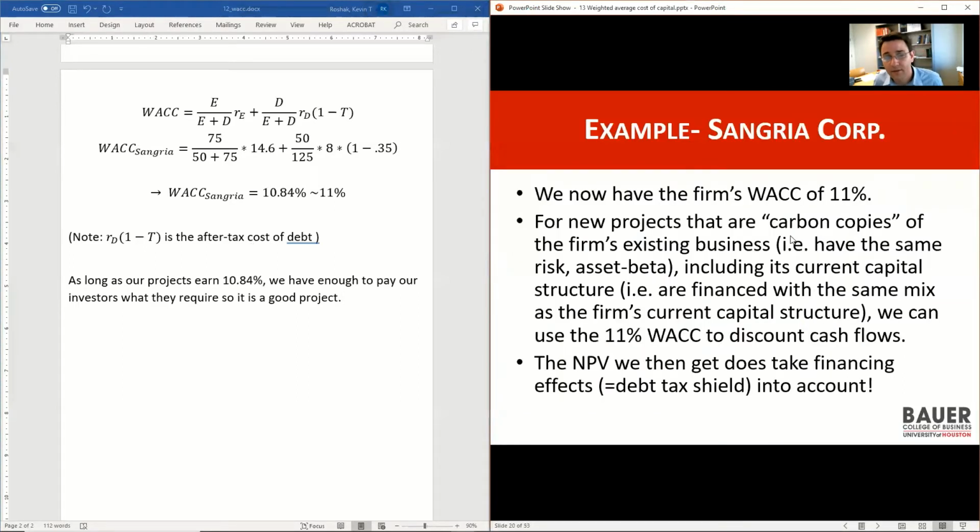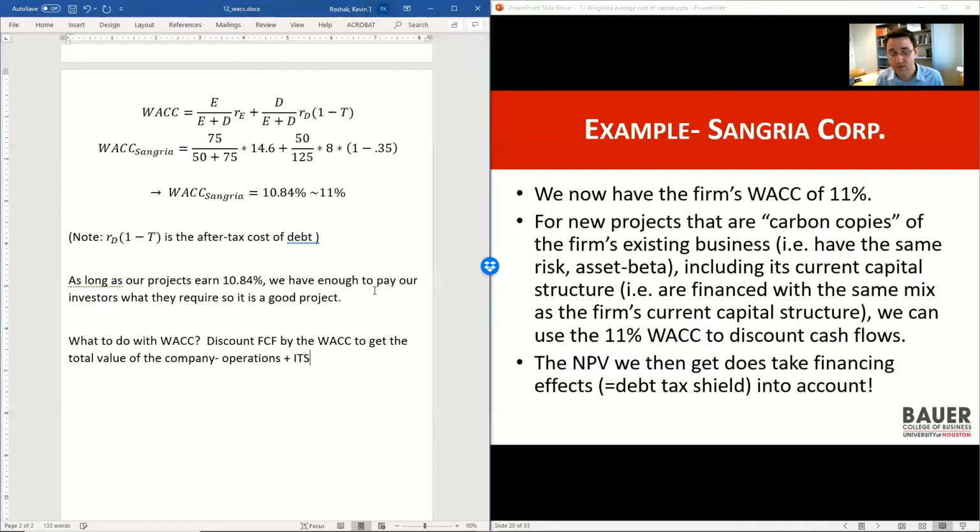So let's think about valuing the entire company now using this WACC. We're going to discount free cash flows by the WACC. And what is that going to give us? It's going to give us the total value of the company: the operations plus the interest tax shields.